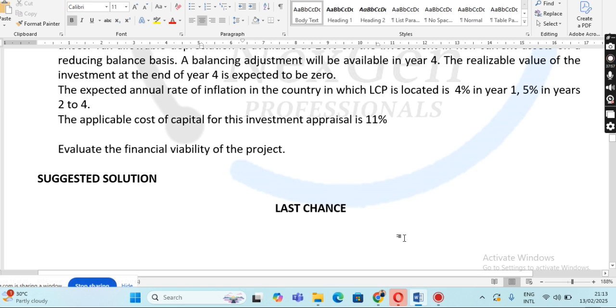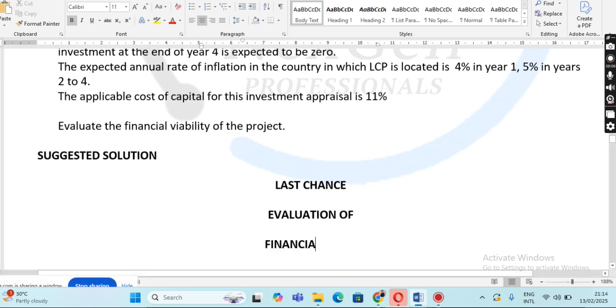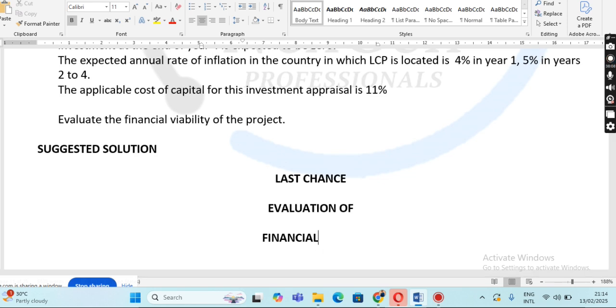Evaluation of financial viability of the projects.